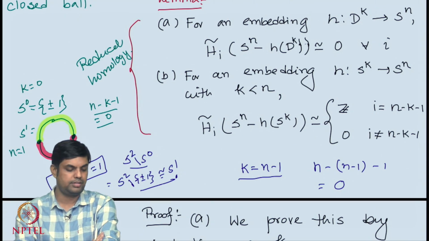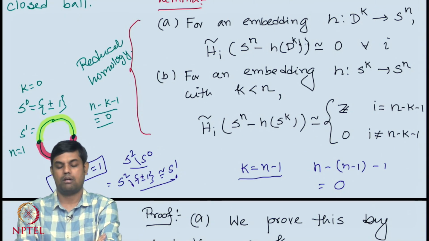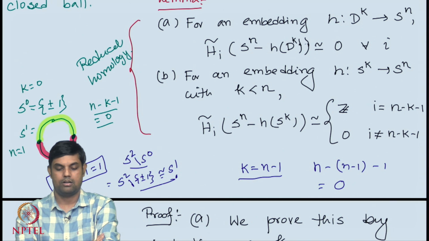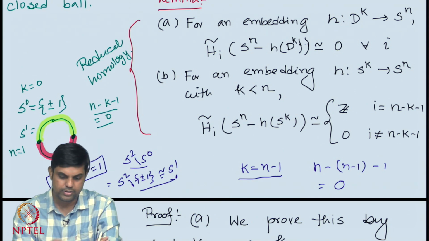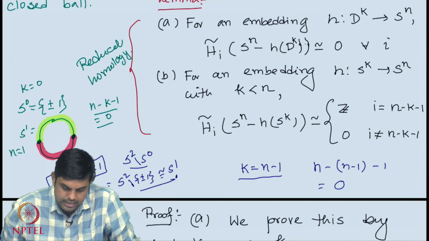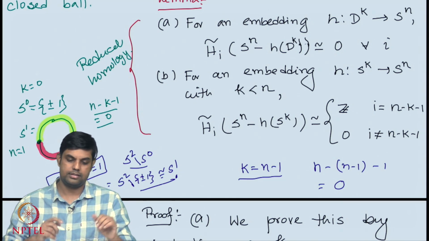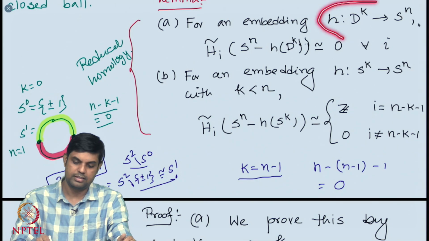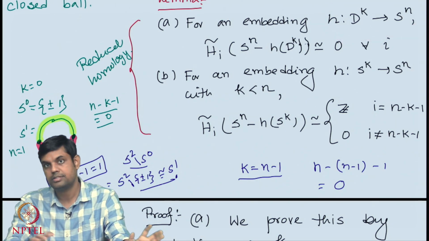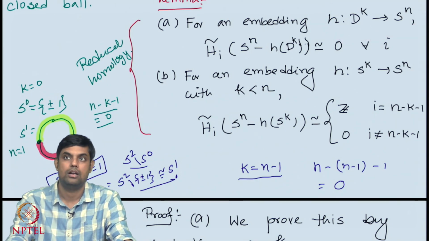So this is one of the things about the complement of a disk and the complement of a sphere inside a higher dimensional sphere. You can ask what happens in general if I look at a high dimensional sphere put inside a lower dimensional sphere.